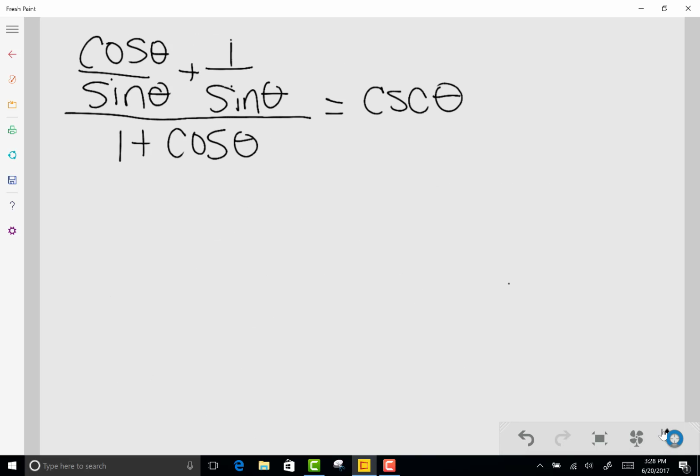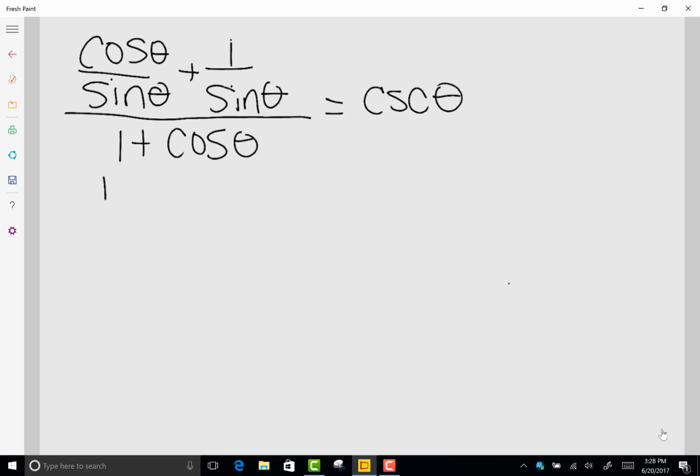Okay, next page. So this is what we have so far. Cosine theta over sine theta plus 1 over sine theta all over 1 plus cosine theta is equal to cosecant theta. That's what we're trying to show. Now, when I combine that top fraction, that's one thing I could do here. But what I notice is that I have in both of these 1 over sine theta.